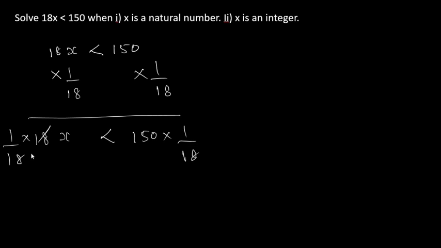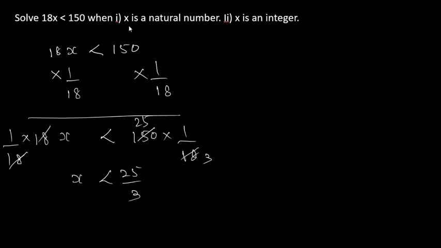You can strike out this, and therefore this is 3 6s are 18 and this is 25 6s are 150. Therefore x is less than 25 by 3.